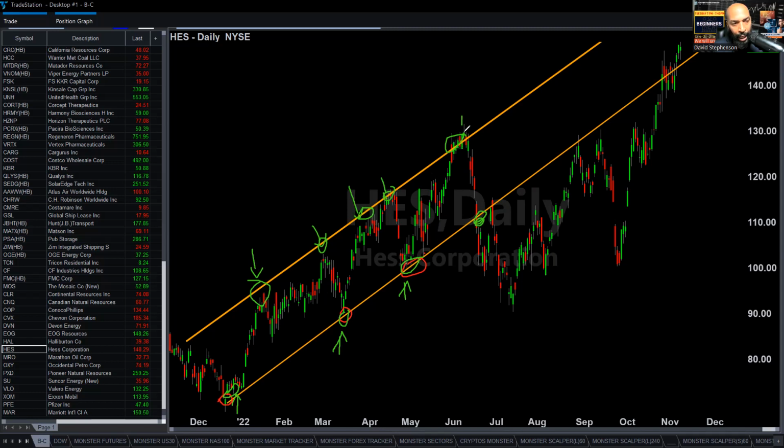And some traders will actually look to go short, so they'll take it long here, short here. Now we don't do that, but I just want to show you guys how these channels work, and how these trend lines work.